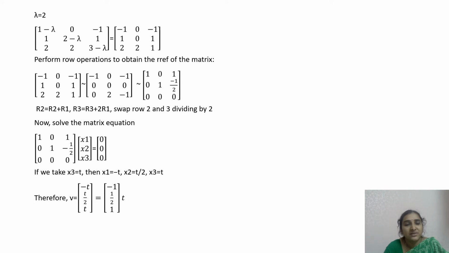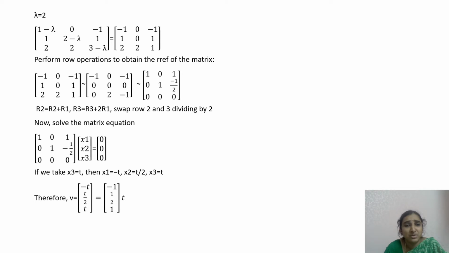reduce the rows: R2 to R2 plus R1 and then R3 would be equal to R3 plus 2R1. Then again swap rows 2 and 3 and divide by 2, resulting in the matrix [1, 0, 1; 0, 1, -1/2; 0, 0, 0]. Now solve the matrix equation.